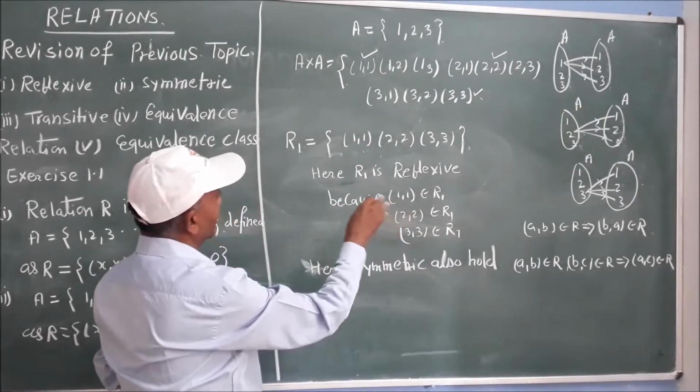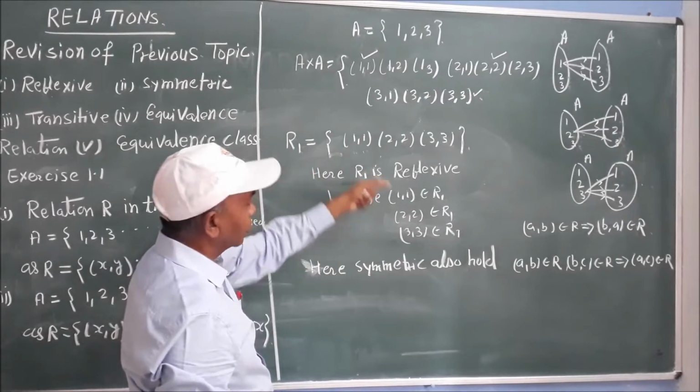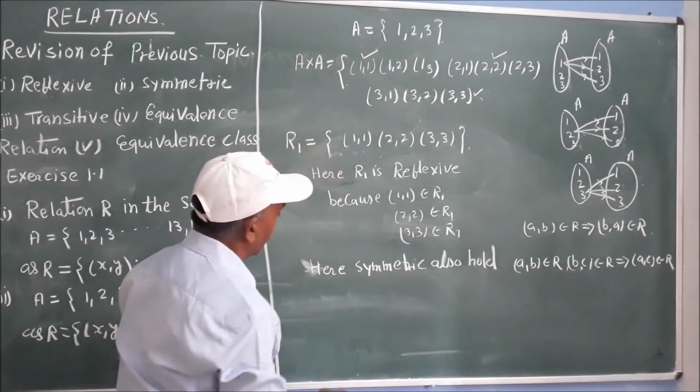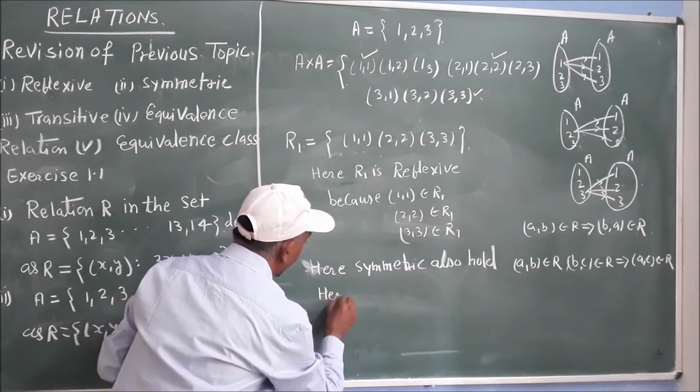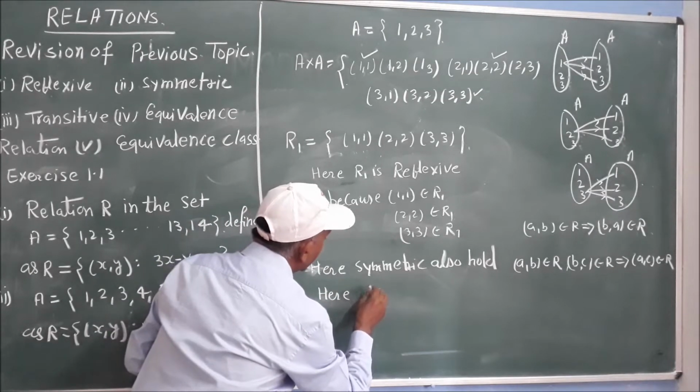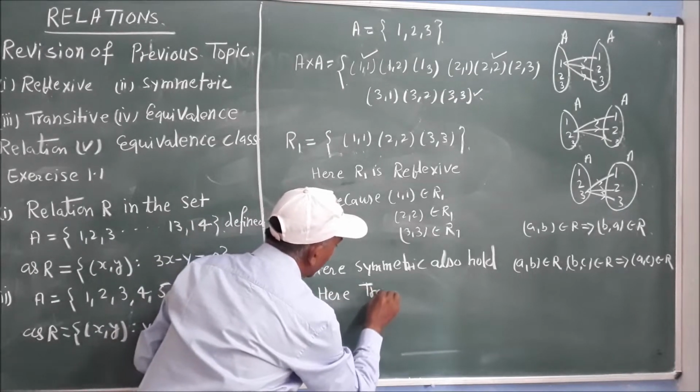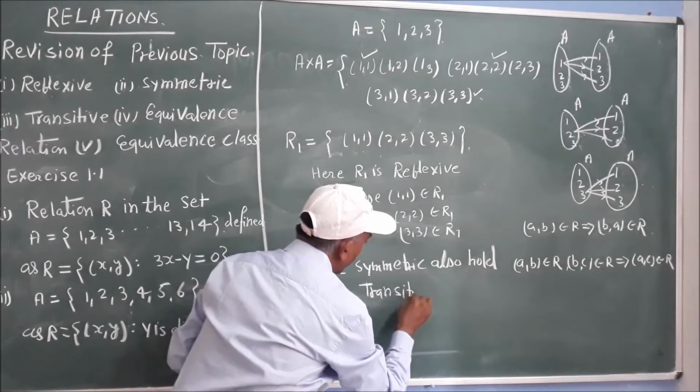So you can also say that if it is not given in the relation, that means this holds. So here you can also say that the transitive property holds.